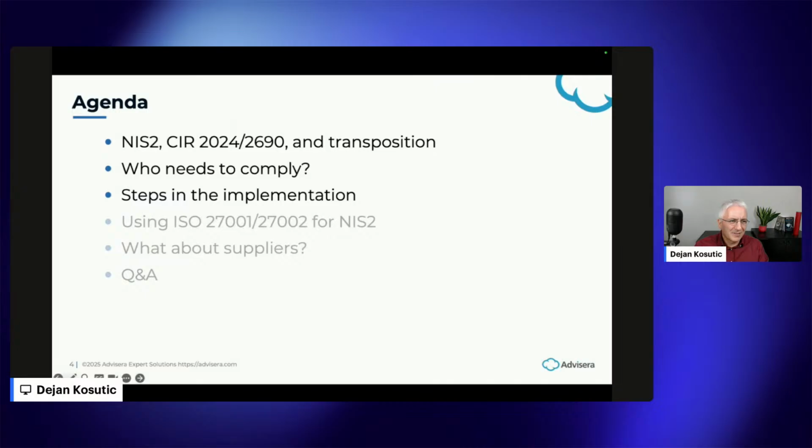There are something like 16, 17 steps that your company needs to take. Then a very common question is whether you can use ISO 27001 for NIS2 compliance. In one slide, I'll show you an analysis of what can and cannot be done with 27001. And also one topic about suppliers: do suppliers need to comply with NIS2, and if not, what exactly do they need to comply with, and so on.